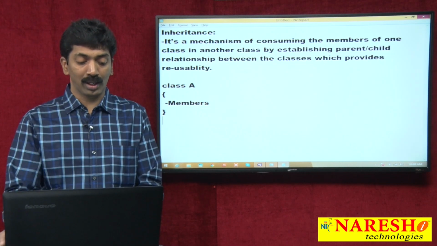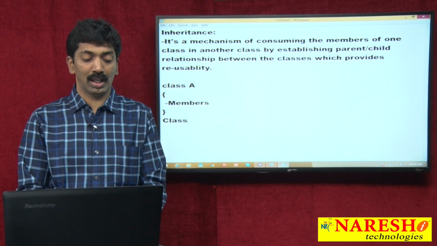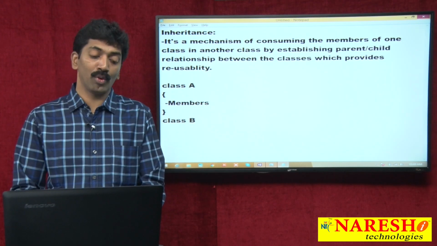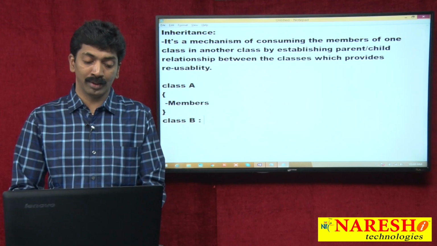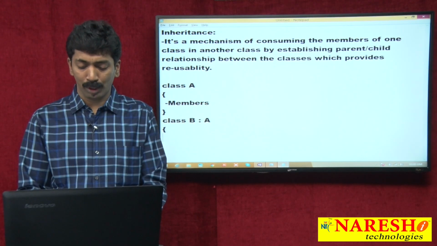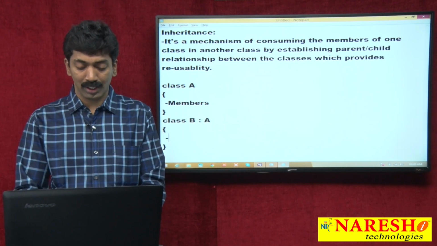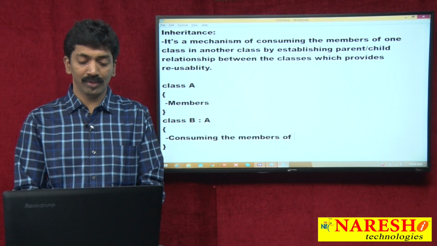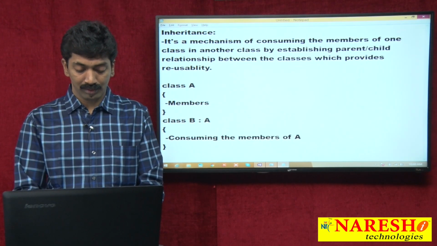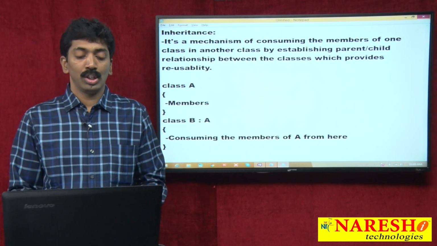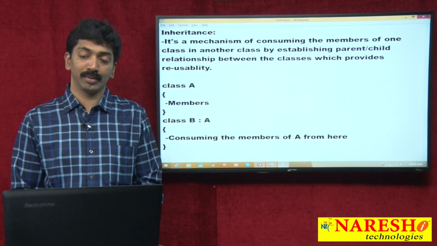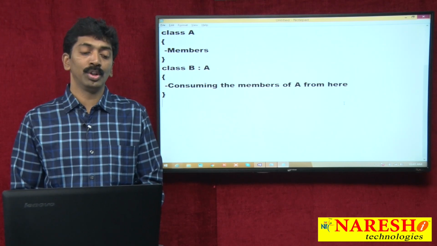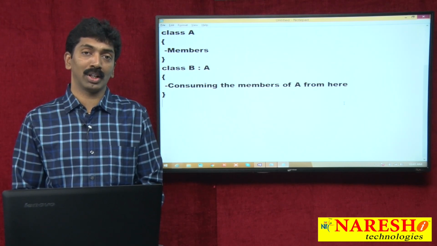Now I am going to have another class here, class B, and I want class B to inherit from class A: class B colon A. A very simple process. Now you can start consuming the members of A from here. That's the basic process of how you can establish a relation between the classes.